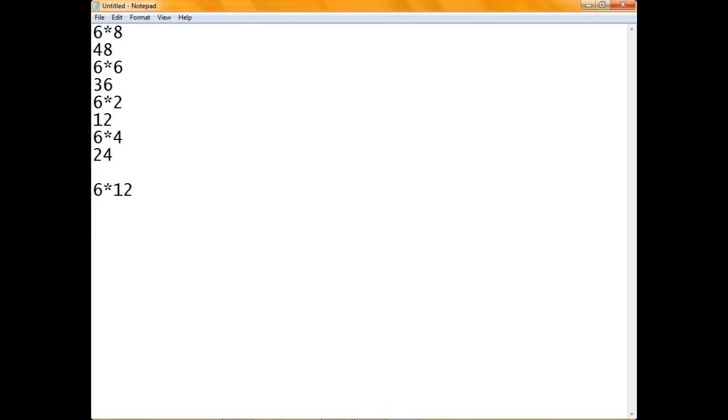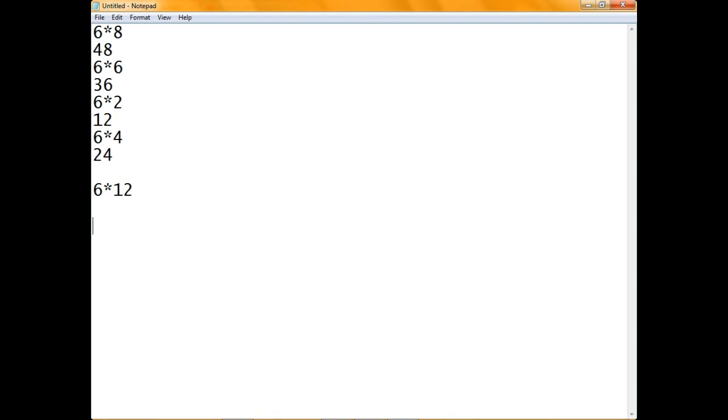This is going to be similar to one of our other tips. You add it to the second digit, because it's supposed to start with the second digit whenever you multiply by 6.